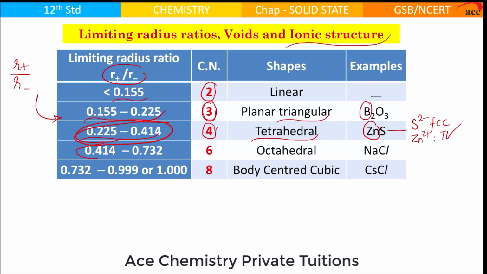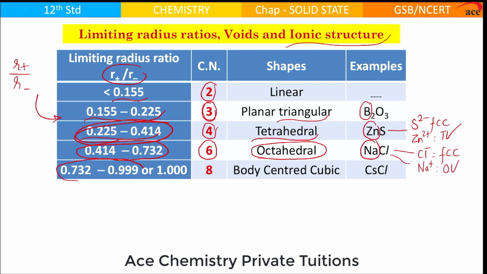If your radius ratio is 0.414 to 0.732, then your cation will be present in an octahedral void. Anyone who is present in an octahedral void will have a coordination number of 6. Here in this case, if you remember, Cl minus makes up FCC and Na plus occupies the octahedral void with coordination number of 6.